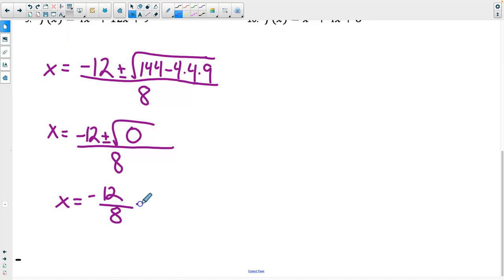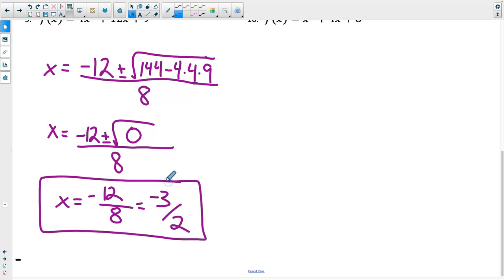Now, what's the simplified version of negative 12 over 8? Questions?